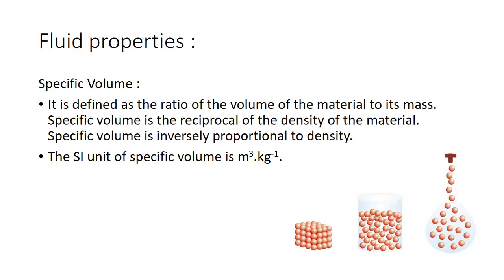We know density is mass by volume. If you take the inverse, that becomes specific volume. Here comes the SI unit standard for specific volume: meter cube per kilogram. When you are solving problems, you can use this unit standard for getting the answer.